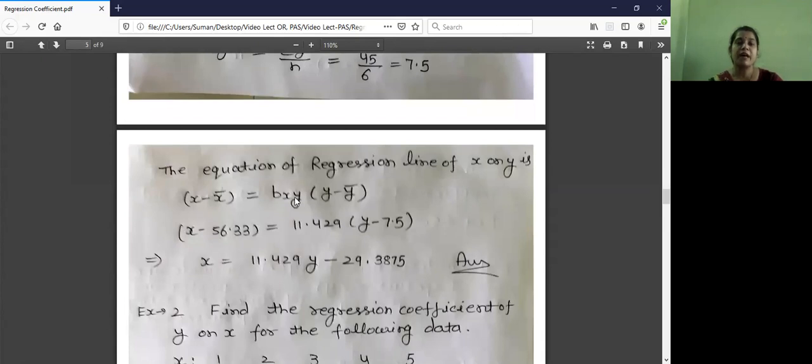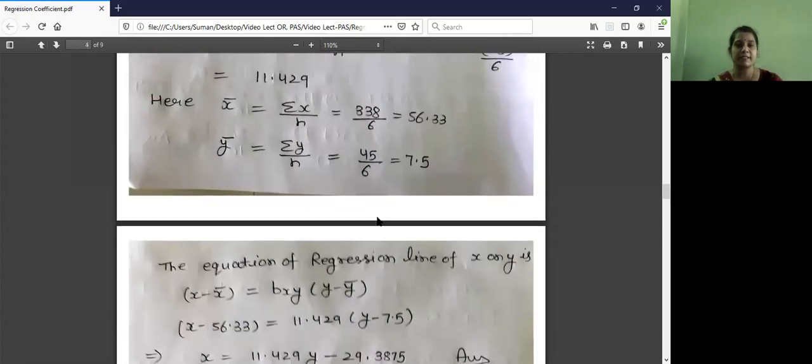So we find the regression line of x on y. Got it? So what is the regression line? First we say x. So the formula is starting from x. So we write x minus x bar is equal to bxy in bracket y minus y bar. Put all these values. What is the value of x bar?